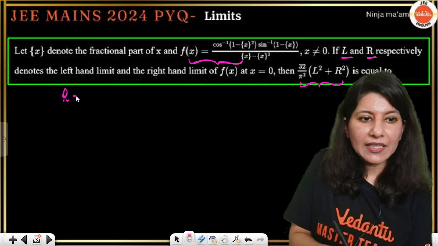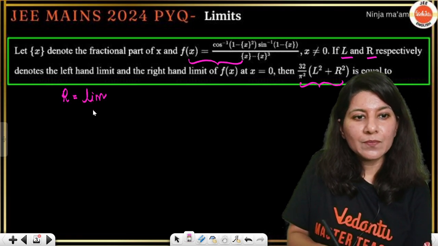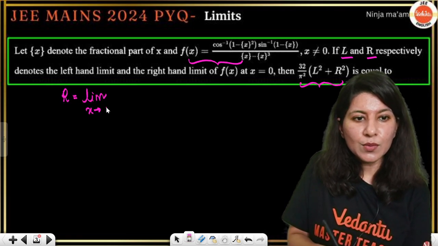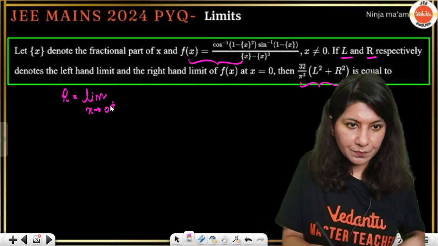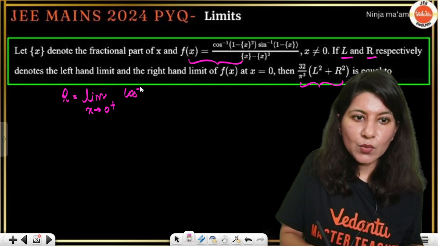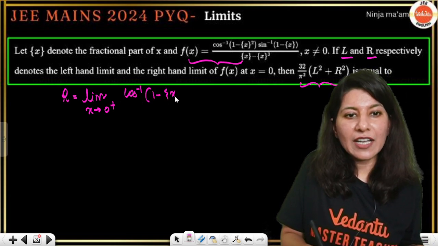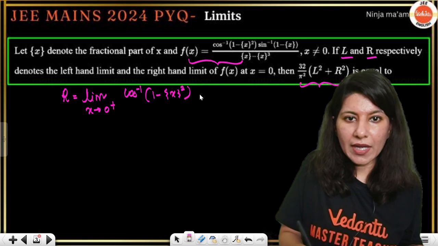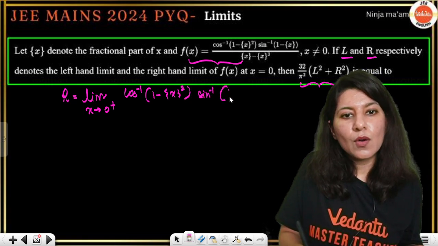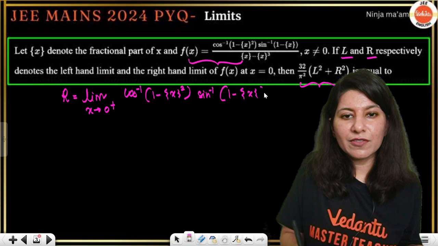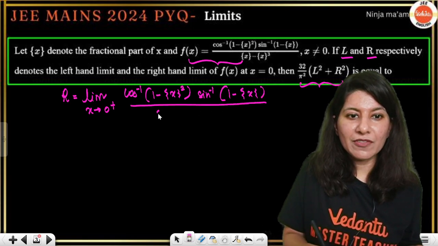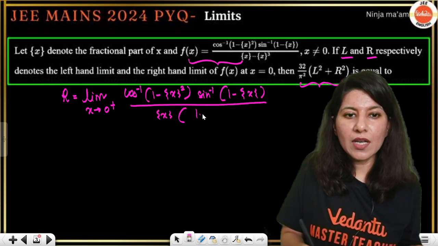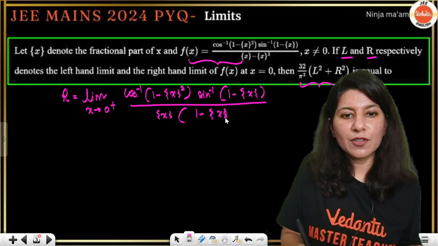First one will be the right hand limit, limit x tends to 0 plus. Okay, so cos inverse of 1 minus fractional part of x square, sine inverse of 1 minus fractional part of x, whole upon fractional part of x, let's take common 1 minus fractional part of x.